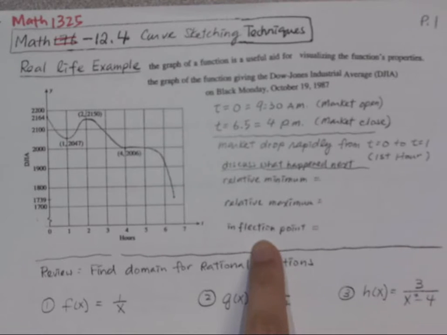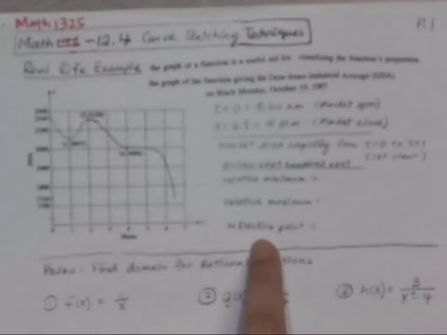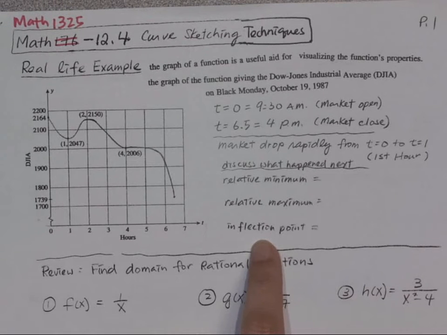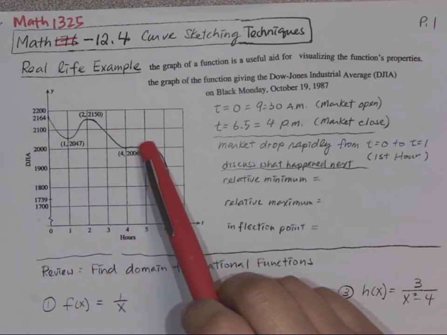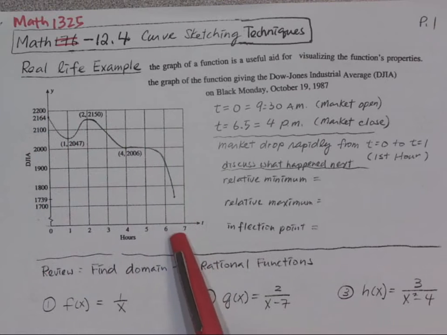We have had this example for quite a while. This is the graph of a function from the Dow Jones Industrial Average on Black Monday, October 1987. As you can see, on that day the market really fell a lot.